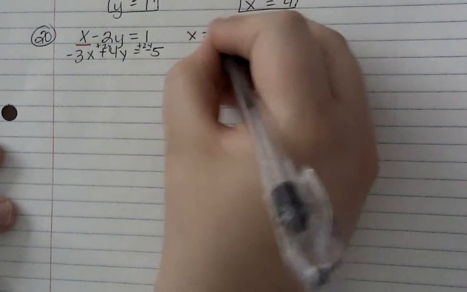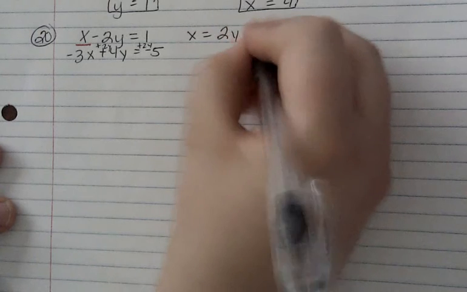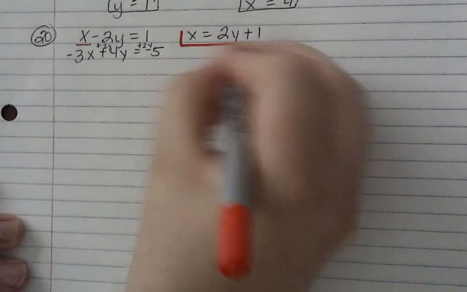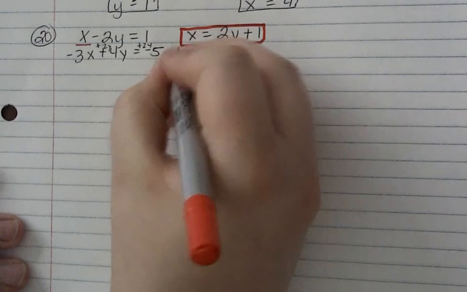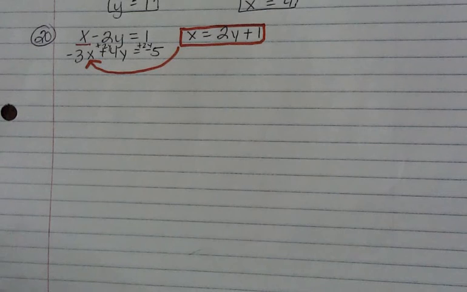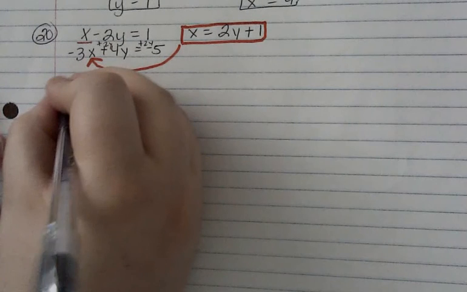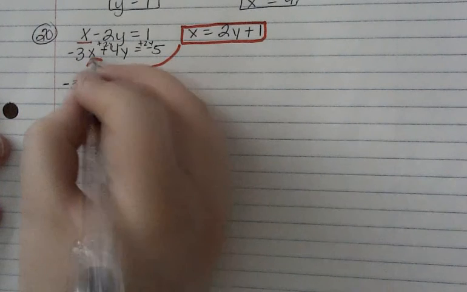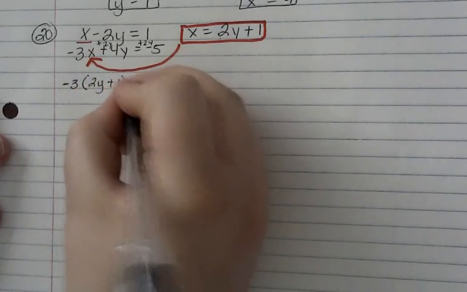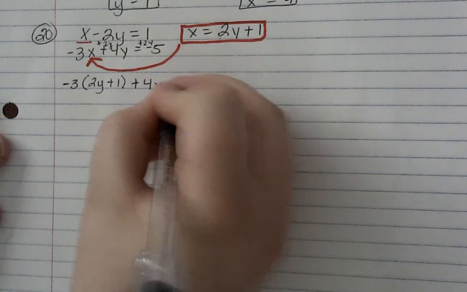So that's x equals 2y plus 1. So I'm going to plug 2y plus 1 in place of my x of this other equation. So that's negative 3, and instead of writing x, I'm going to write 2y plus 1. Bring down your 4y and your negative 5.